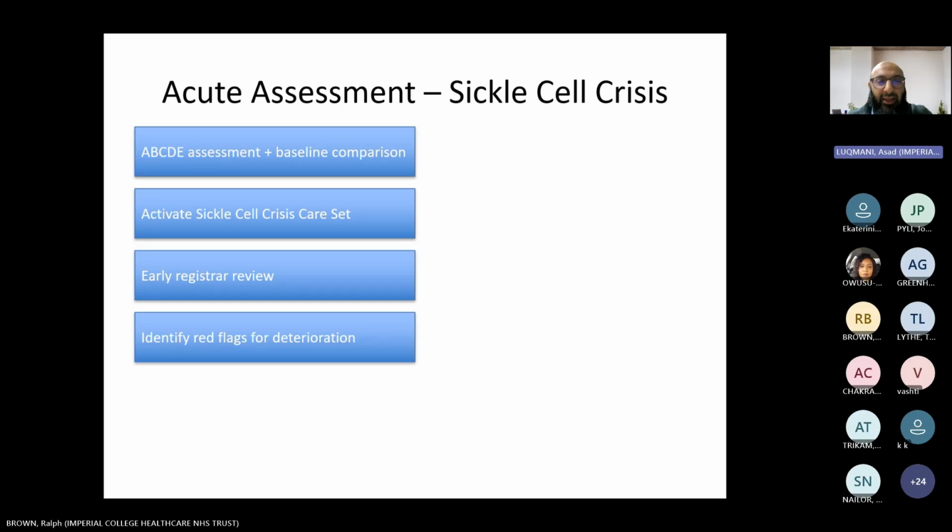So how do we assess the patients when they first present? Obviously the patients present with severe pain, but may also be unwell medically.